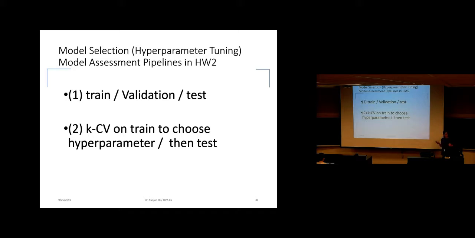So in homework 2, we ask you to implement both, and also hopefully to help you grow this habit of always having separate testing data and never touching it. The model selection should not touch the test data at all.